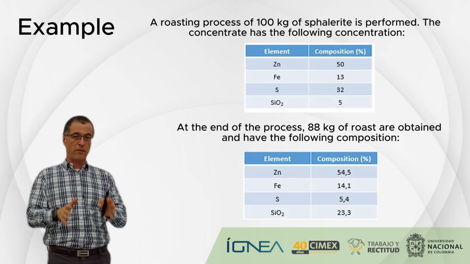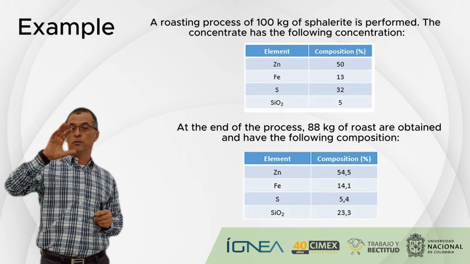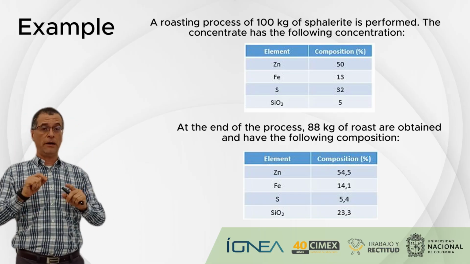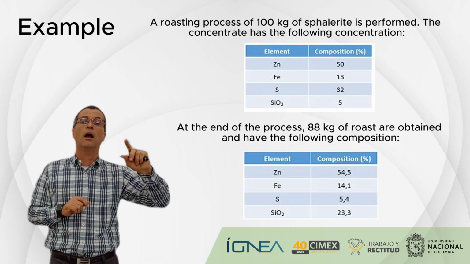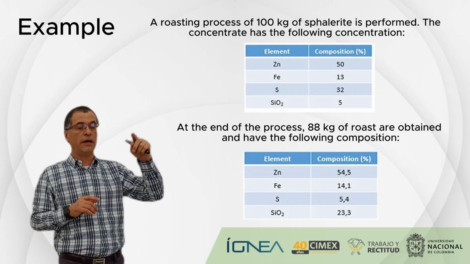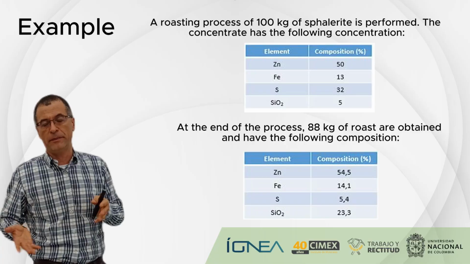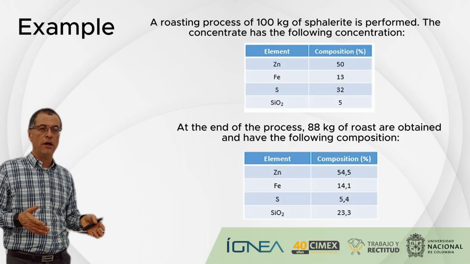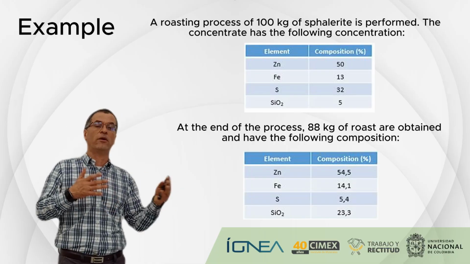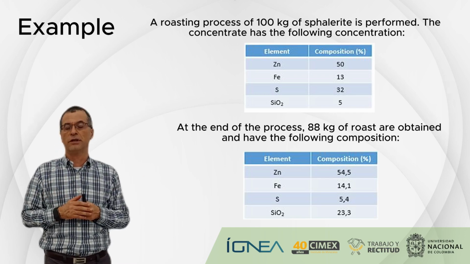The roasting is the transformation of a sulfide in order to obtain an oxide. You put the sulfide in presence of oxygen, increase the temperature, and you obtain an oxide and other gases, maybe SO2, the oxide of sulfur. This is a very typical reaction in order to transform sulfides in oxides, and then you can transform the oxides, maybe a reduction of the oxides in order to finish the metallurgical problem.